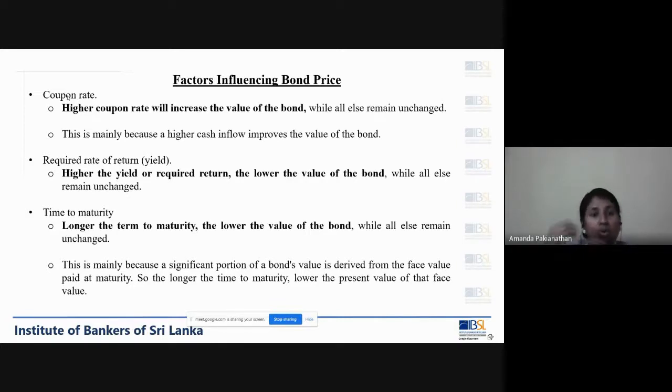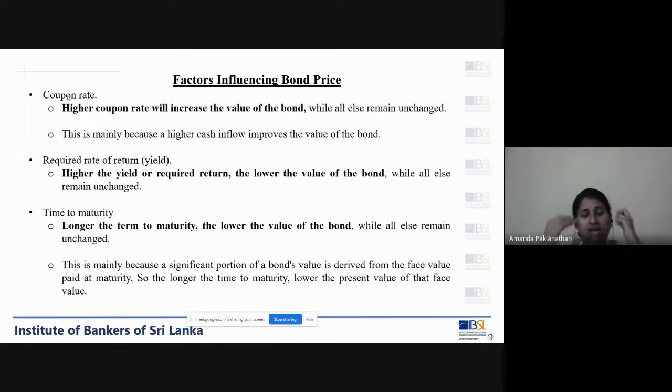So longer term to maturity. If a bond has a very long time left until maturity, such a bond will have a low intrinsic value. Now this has 2 reasons.